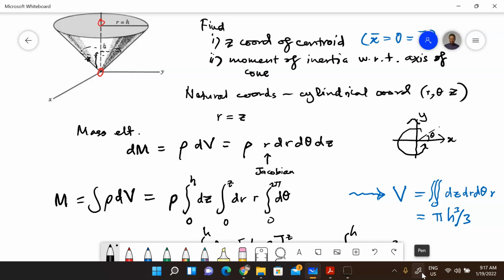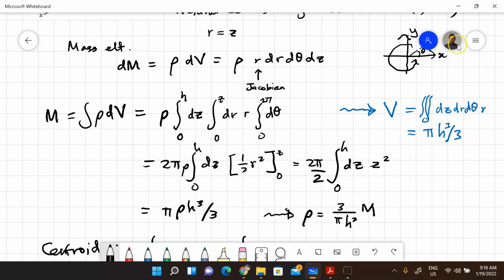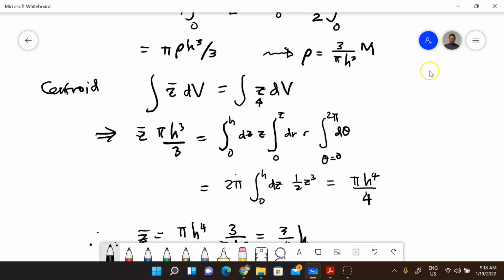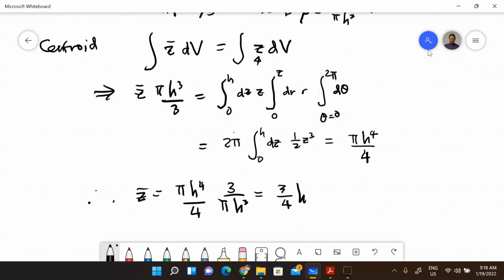That is precisely what you get: the z coordinate of the centroid is 3/4 above, of the height. That makes sense.